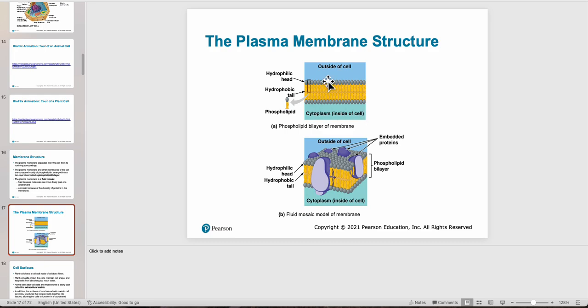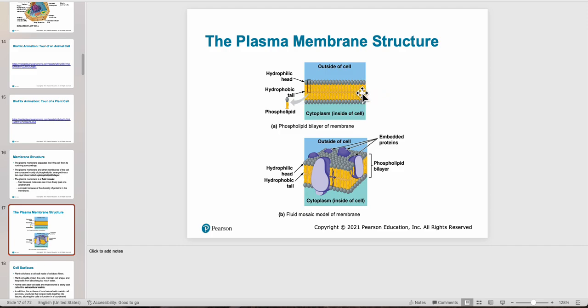Now, in this picture, you see the outside extracellular fluid and the inside, the intracellular fluid cytoplasm. And in between, you see this phospholipid. Now, if you remember, I mentioned that there is a word called amphipathic, where you have a structure that has two ends. And in this picture, you see a ball at the top, and then we see these yellow strands.